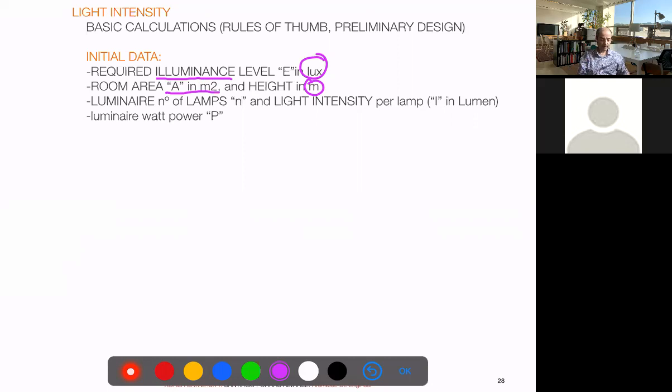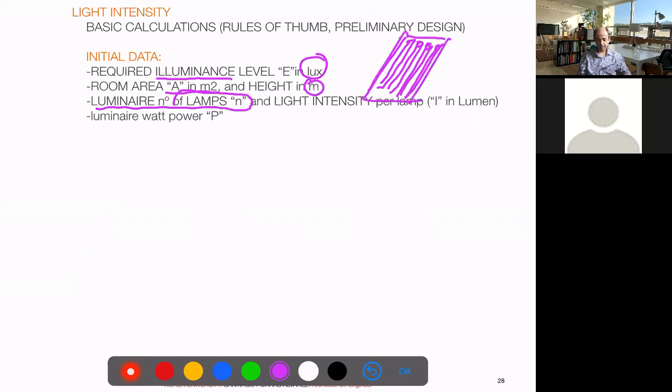And then a luminaire has a set of lamps, so that's a bit confusing. If you know the lights in a school, you have a set, maybe 2 to 4 fluorescent tubes, right, in a box.